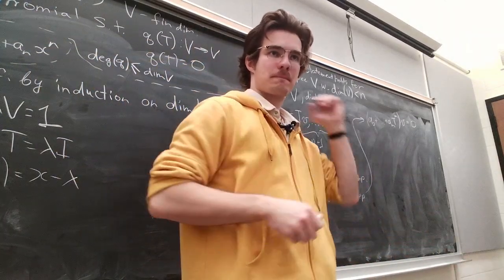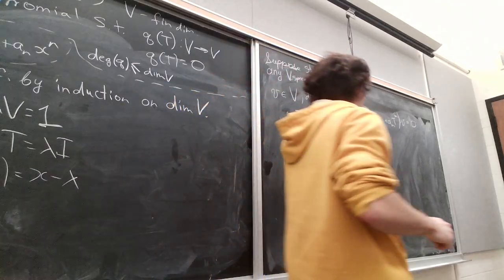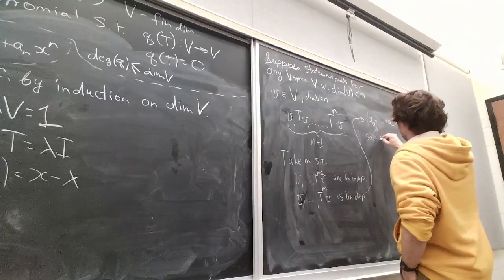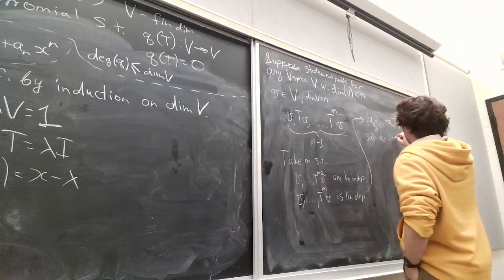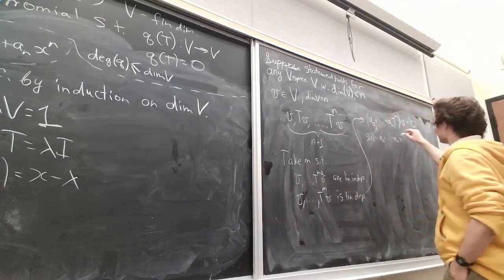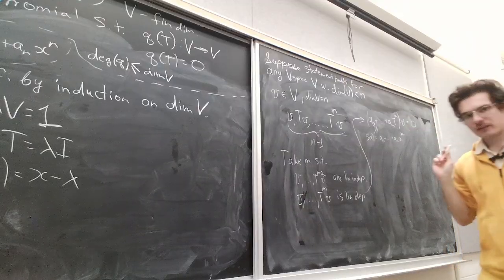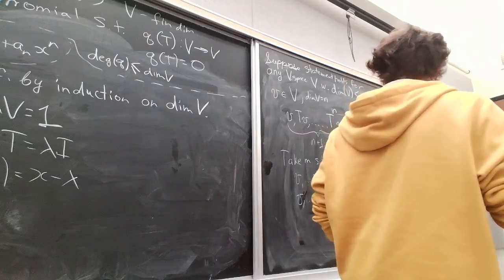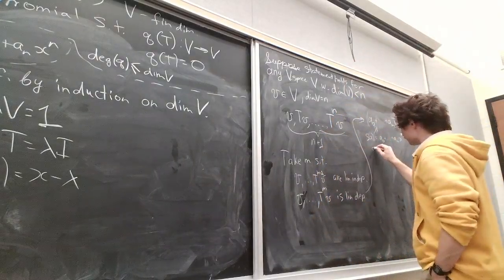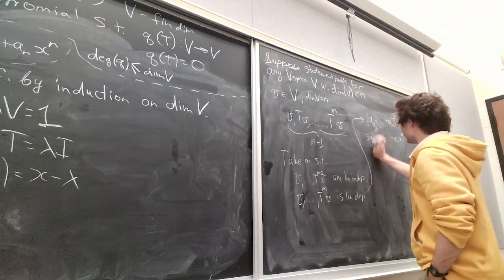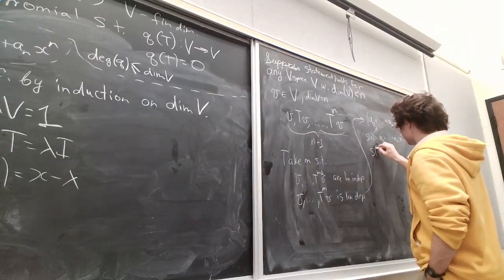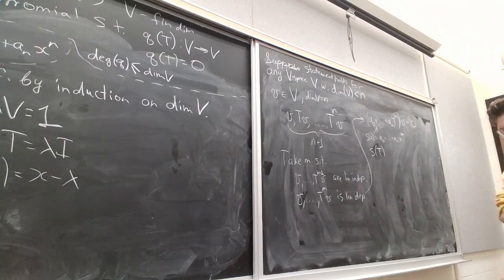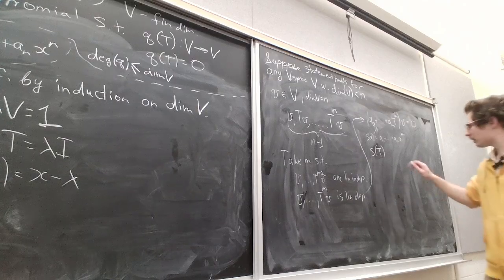Okay. So let's call this polynomial s of x. So s of x will be a0 plus dot dot dot plus am x^m. And what's one thing we know about the polynomial s of t?